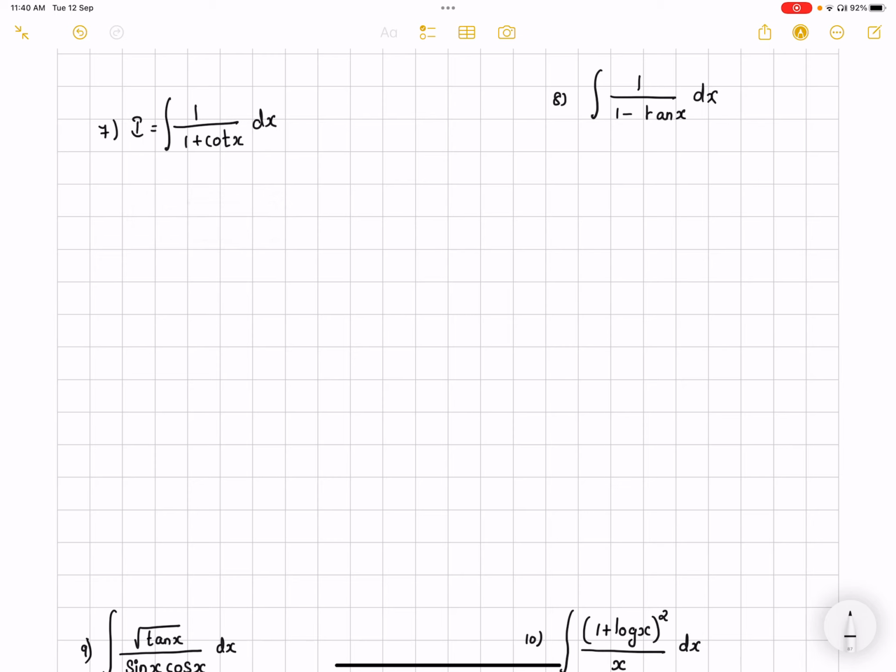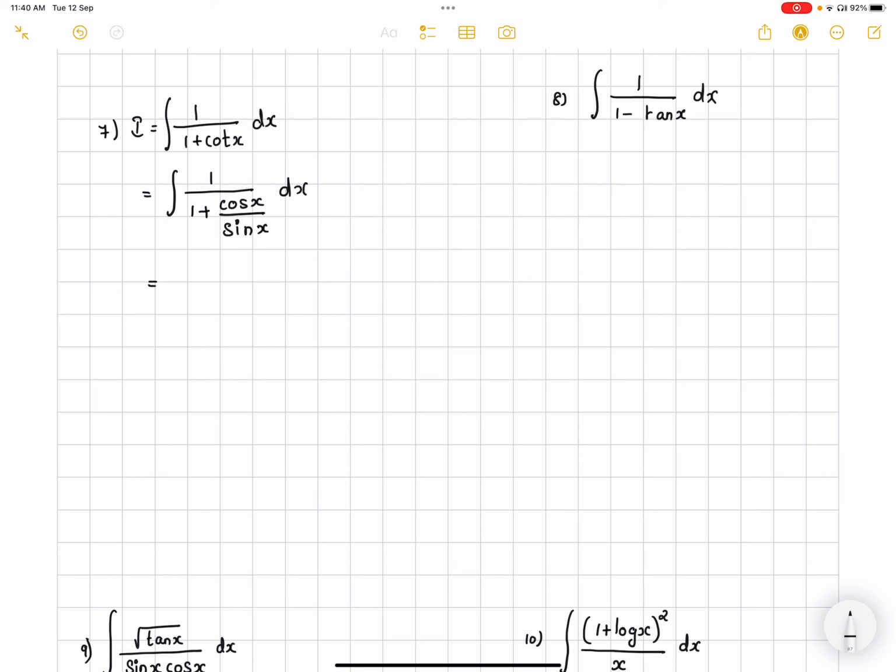Consider this as I is equal to the integral of 1 divided by 1 plus cot x. How would you write it? You would write it as 1 divided by 1 plus cos x divided by sin x, dx. Now we take the LCM.